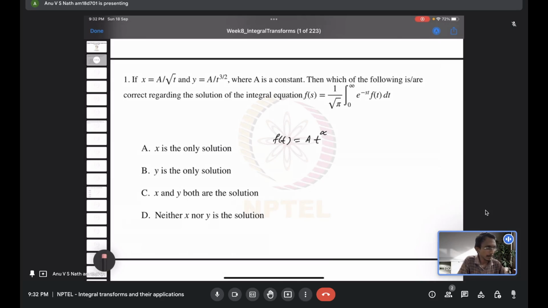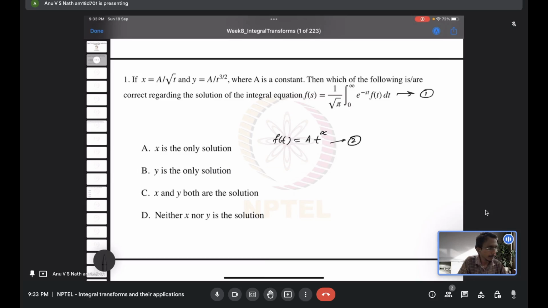Another way is that you substitute for alpha and check whether it is working in this particular equation 1 or not. Another thing you can try is that, in general, you can keep alpha as such and solve for alpha, so that whatever values of alpha you get, you can say this particular form 2 is a solution.